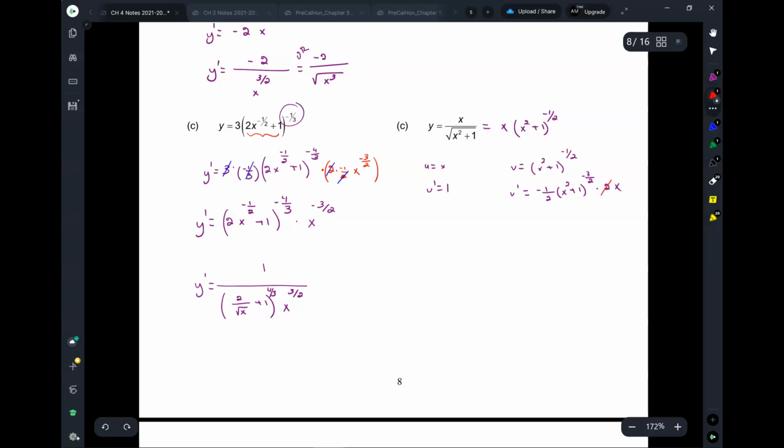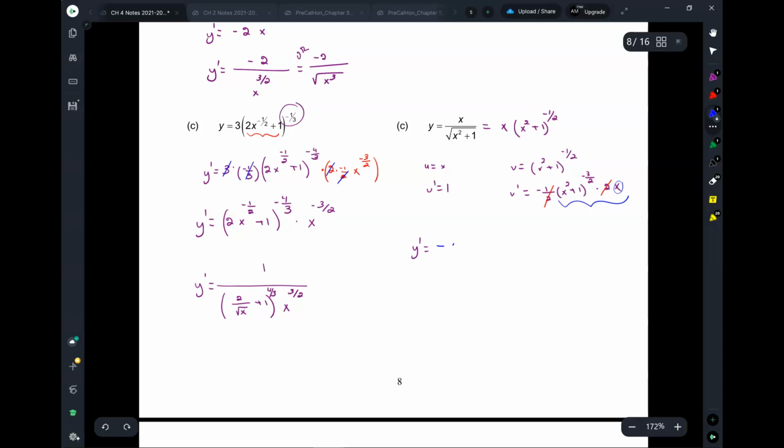Okay, these go away. So let's see what we've got. y prime is u times v, so x times all this. So you see how there is another x here?